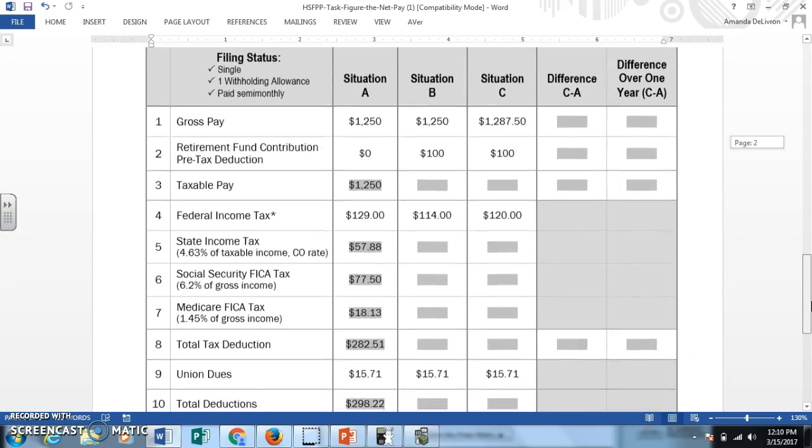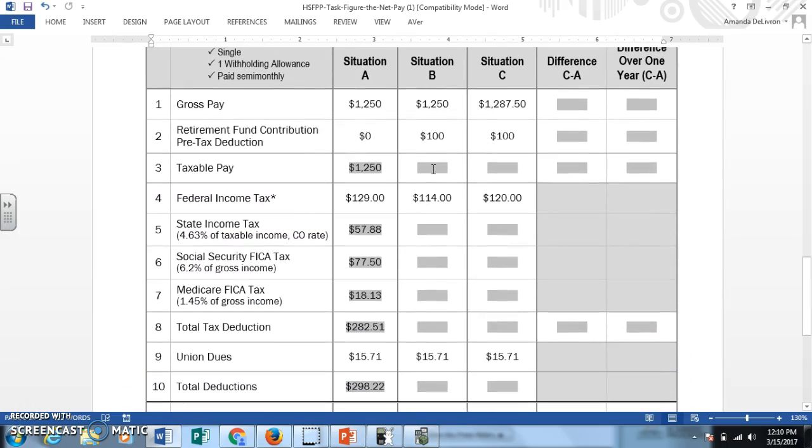Your job is to go through situation B, figure out the taxable pay. So we would take out this $100 from the taxable pay. So you would have a result, if you subtracted, you would actually only have to pay tax on $1,150, which is going to reduce your federal income tax and will reduce the amount of taxes that you're paying as well.